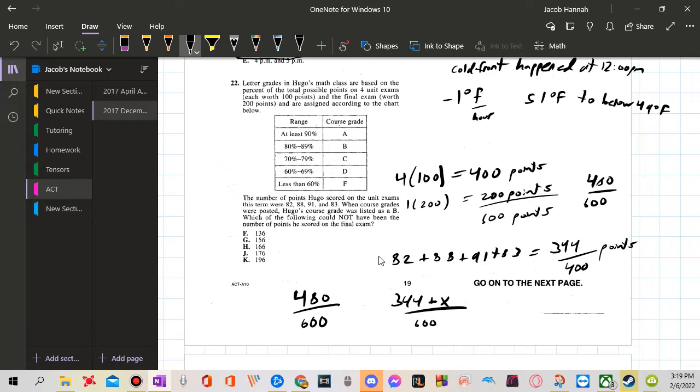So which one of these is not the number of points that he scored? Well, let's see.